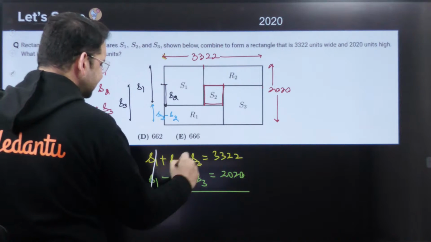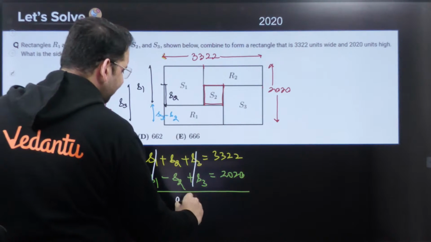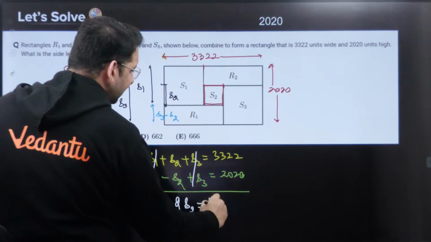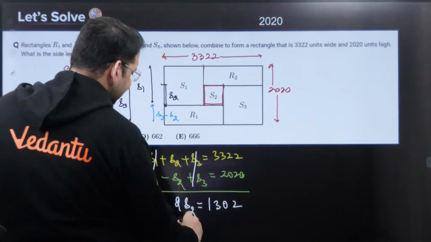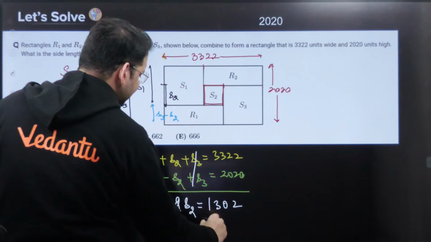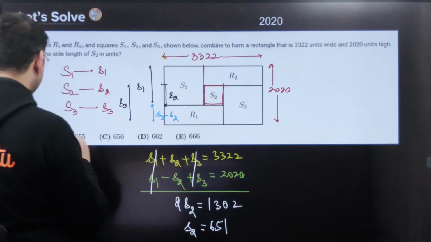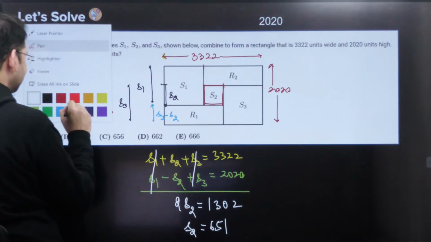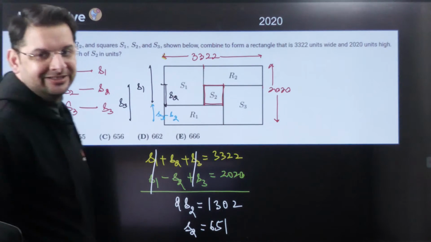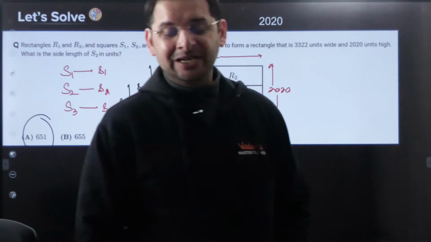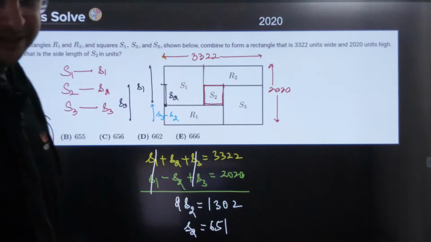If I subtract, these two get cancelled out. Twice S2 is going to be 1302, and S2 is going to be 651. So 651, which is option A, is the right answer. I hope this is clear. Very well done.